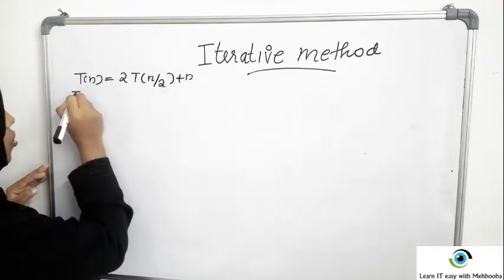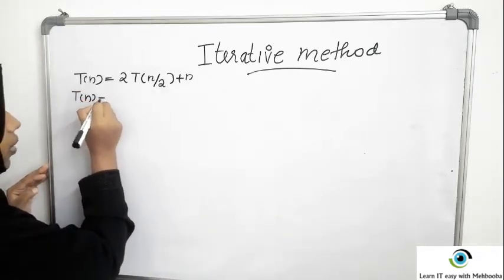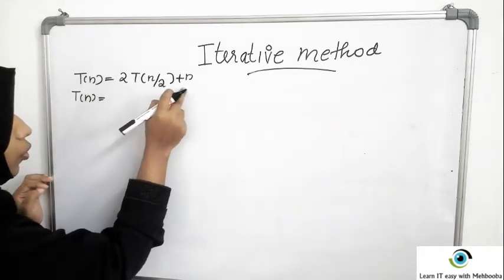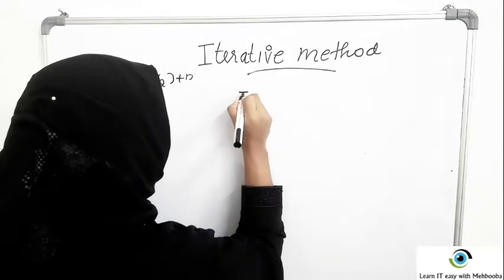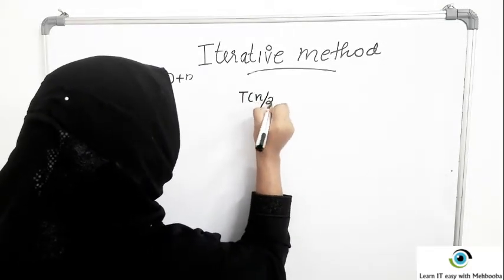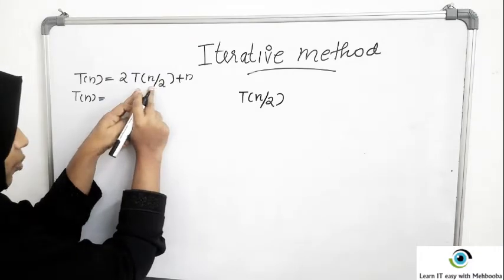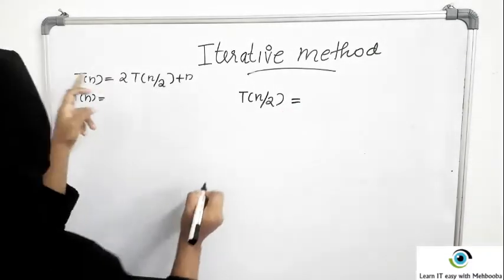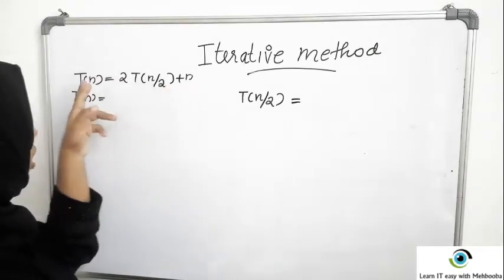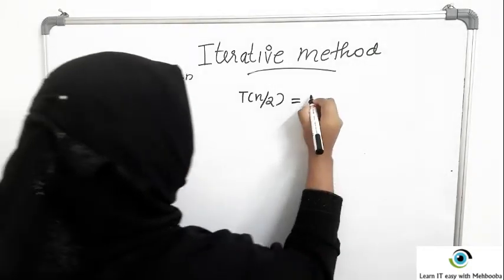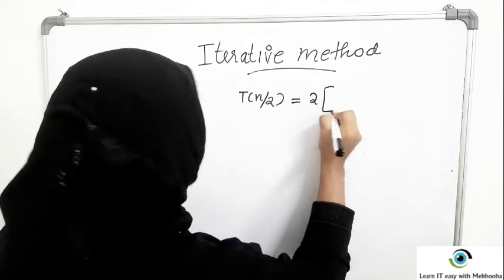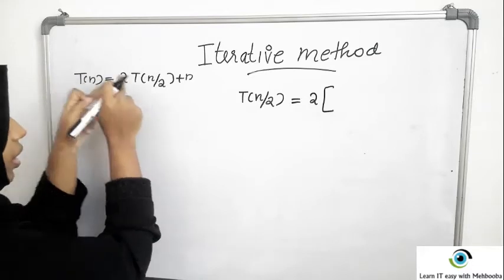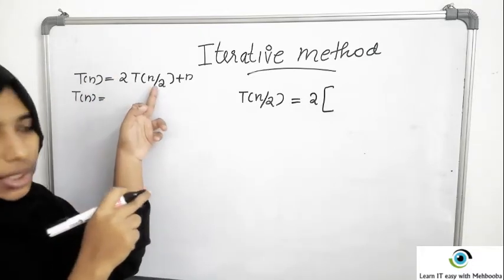So we will see. T of n is equal to 2T of n by 2 plus n. So we have to expand or unroll this term T of n by 2. See, if it is T of n, it is 2T of n by 2 plus n. If it is T of n by 2, 2 is a constant. When it is n, it is n by 2 here. So when it is n by 2 here, this would have been n by 4, isn't it?